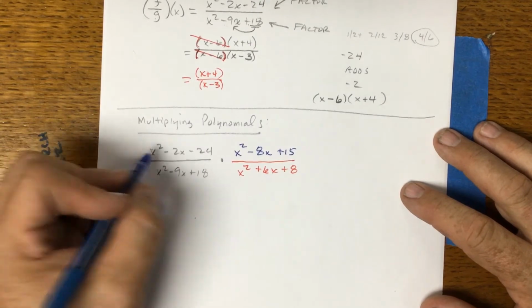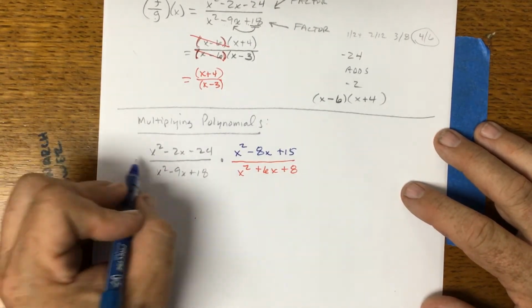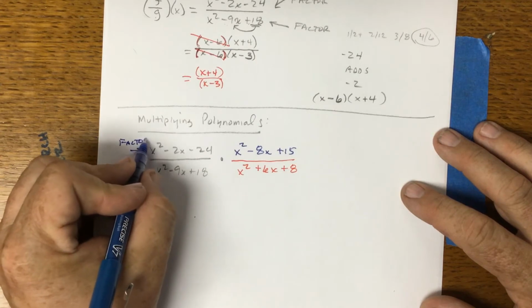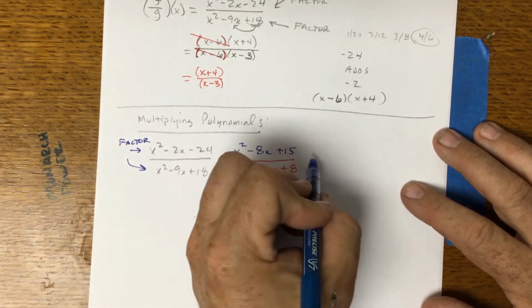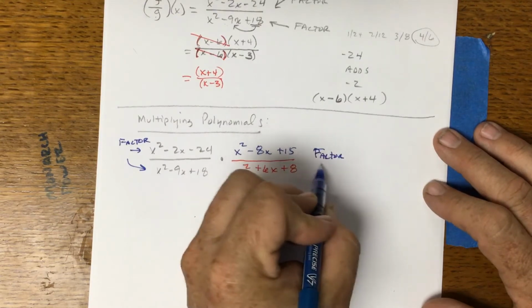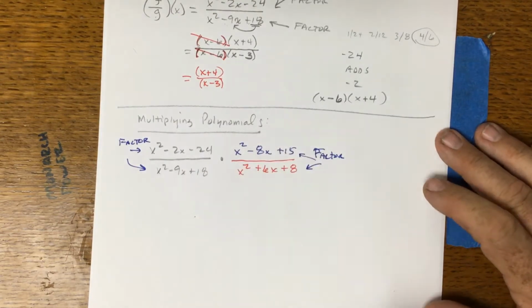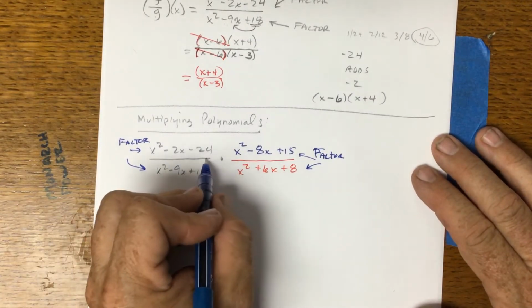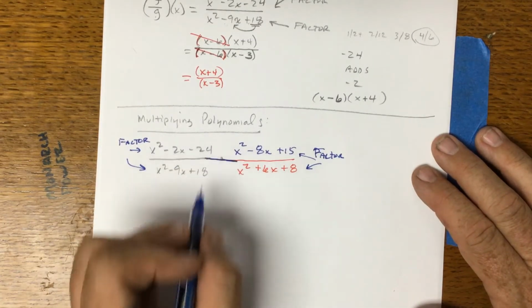So what we're going to have to do is factor everything. We've got to factor this one, that one, and both of these. And when we do that, since we're multiplying, we really can write one big long fraction.